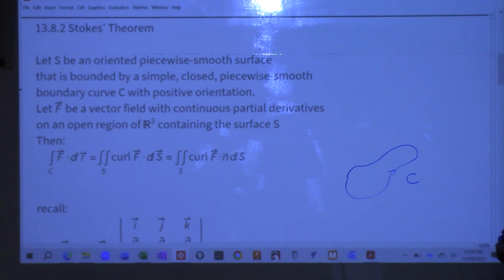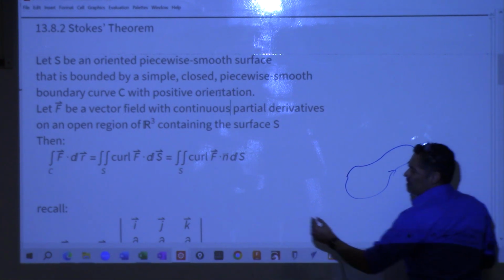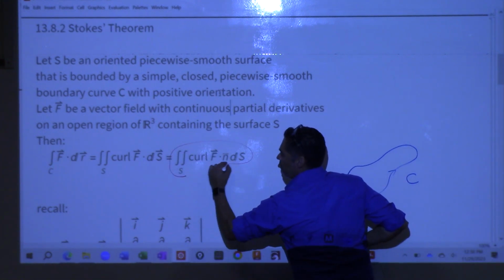and we try and find the work along this curve, this is 3-dimensional, not 2-dimensional. Stokes' theorem is going to tell us this. If you want to find the work done along that, what you can do instead is find the surface integral.